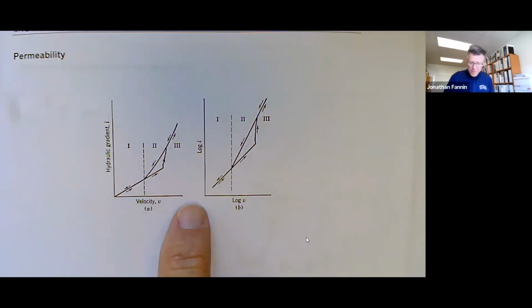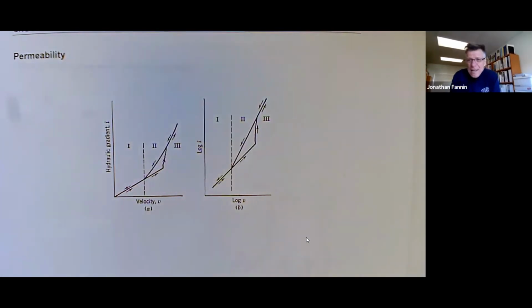Now I took this figure from Taylor's book, 1948, a fantastic book on soil mechanics. Taylor was a contemporary of Terzaghi's. I don't think they saw eye to eye, but to tell you the truth, I don't think Terzaghi saw eye to eye with a number of people. And maybe that's along the school of you can't make an omelet without breaking eggs. But Taylor wrote a wonderful book.